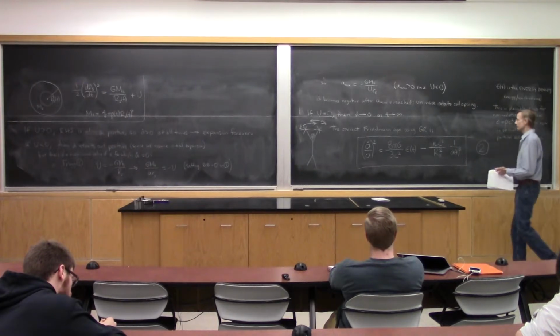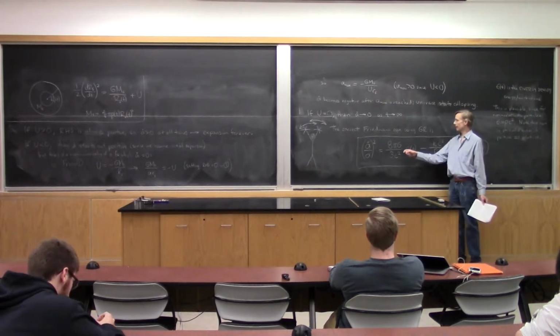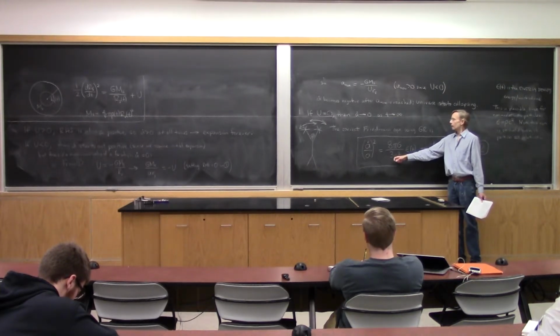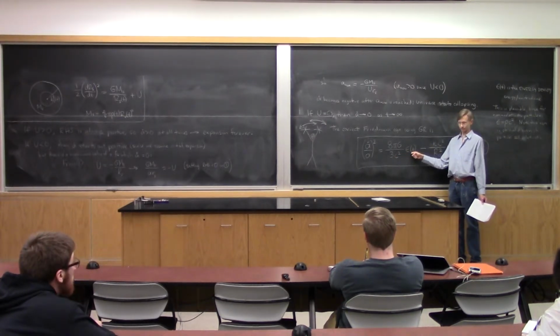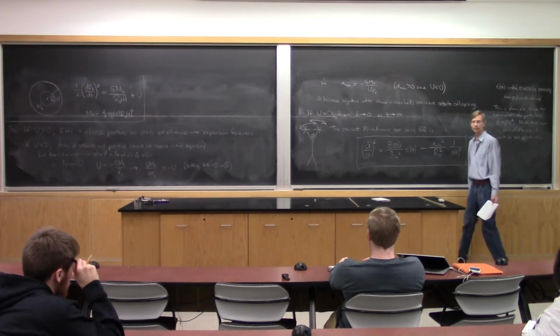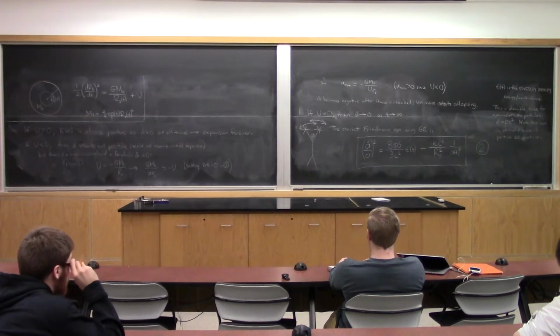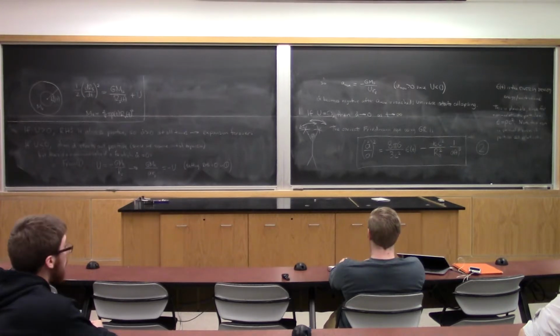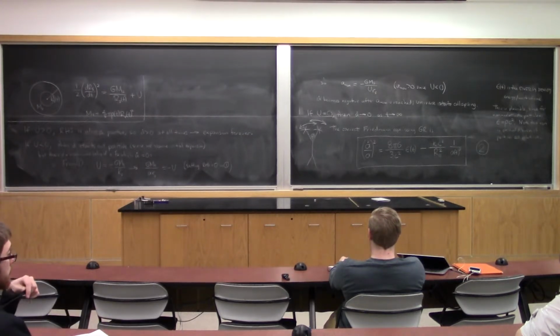The plausibility part again is that before we had 8πG over 3 times rho, and rho is essentially epsilon over c squared for non-relativistic particles. But in general relativity, all forms of energy gravitate. It all counts. Rest energy, kinetic energy, it all contributes to gravity. So we have to incorporate that into our equation.